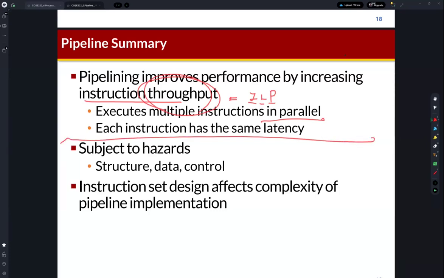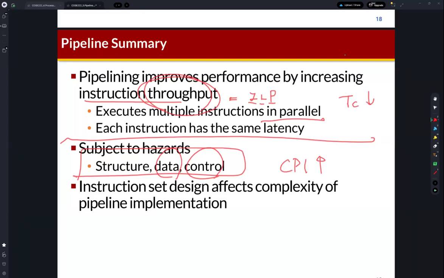By applying pipelining, we can improve the performance, but because of hazards, clock cycles are wasted. Using pipelining, we can reduce the clock period, but because of hazards, data dependencies or control hazards, the CPI is increased.